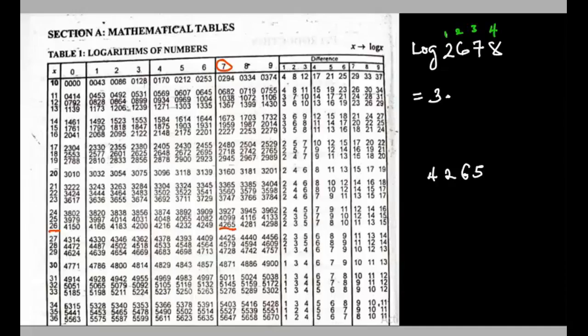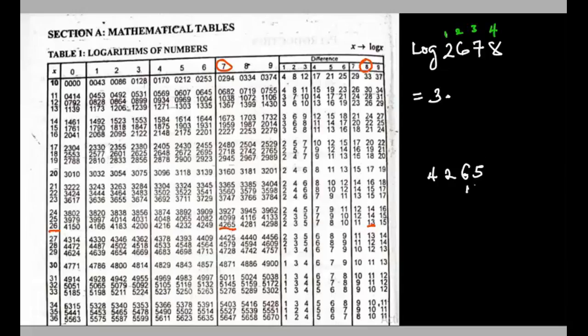Now get it at difference of 8. So go to the difference column. Difference of 8, this is difference of 1, difference of 2, difference of 3, 4, 5, 6, 7, 8. Yes. So at difference of 8 is 13. Yes, so trace it down to 26. So it's going to give you 13.